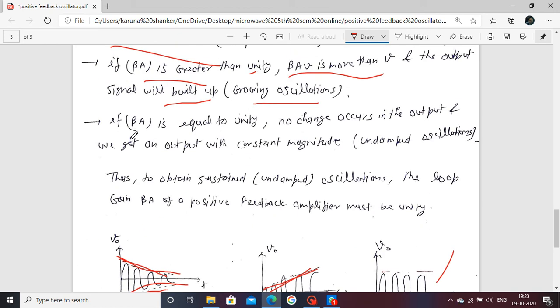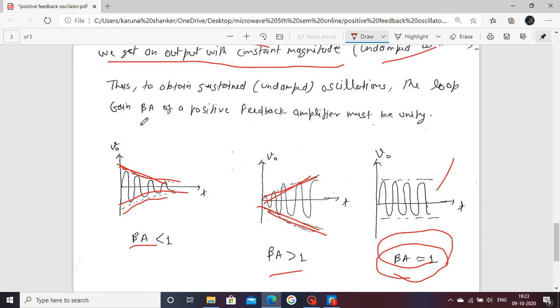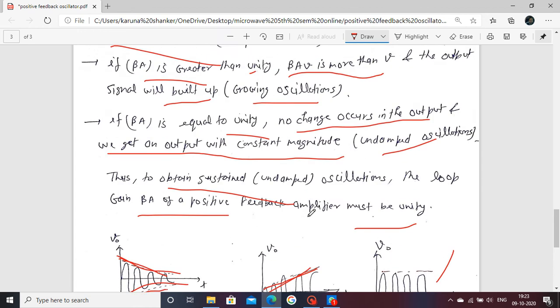Similarly, if beta A is equal to unity, no change occurs from input to output, and we get the output with constant magnitude, meaning undamped oscillation. This means to obtain a sustained oscillation, the loop gain of the positive feedback must be unity.